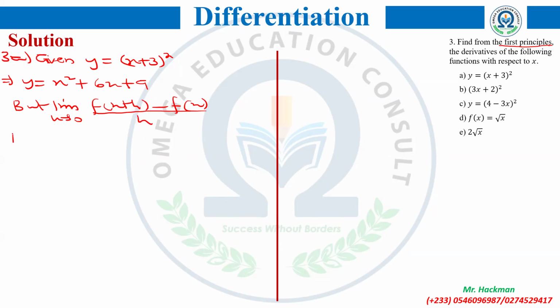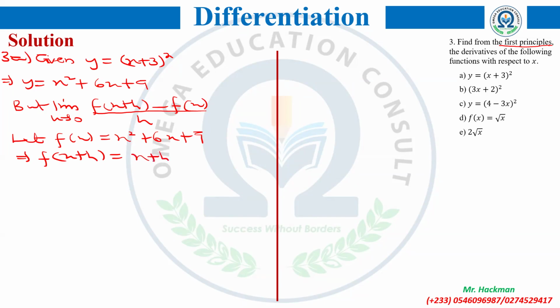So now I don't know f of x, so I will let f of x be equal to y. And y is what? Now I will use this, x squared plus 6x plus 9. So in effect, this implies that my f of x plus h will be equal to, wherever I see x in the f of x, I put x plus h there.